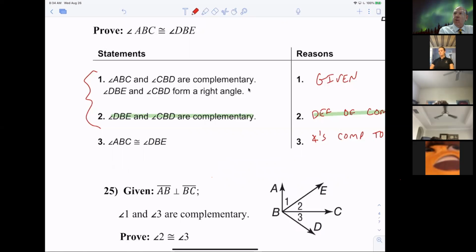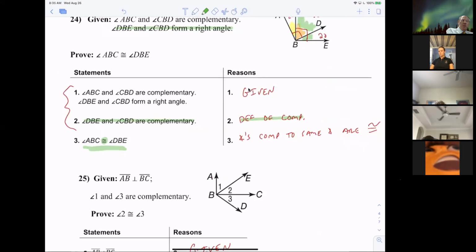A substitution just means you're substituting one thing in for the other. We have not stated anywhere that two things are congruent. Remember, the substitution would have to be just replacing one part of one statement with another part. Here there's just a theorem that says if two angles are complementary to the same angle, then those two angles have to be congruent. And the same thing with supplementary. If two angles are supplementary to the same angle, then those two angles have to be congruent.